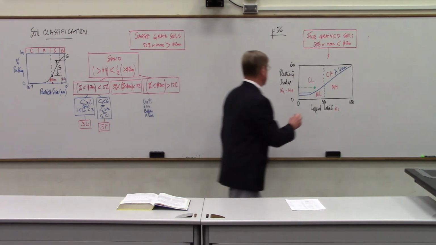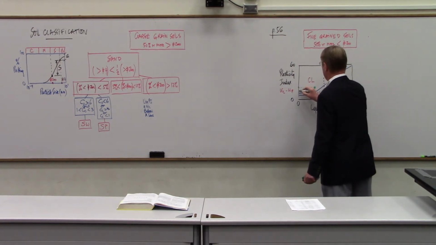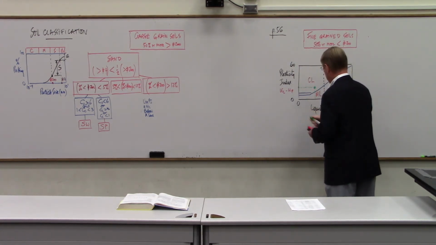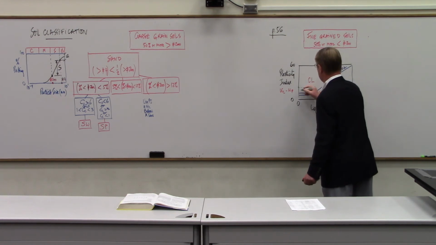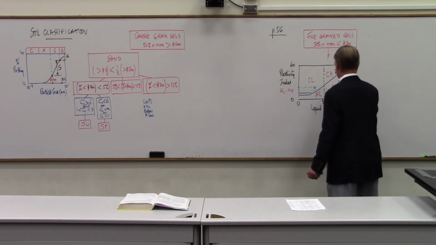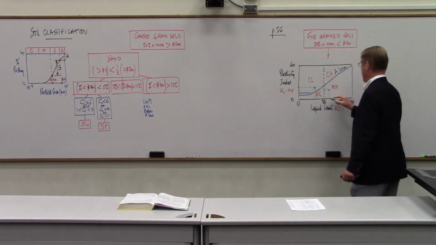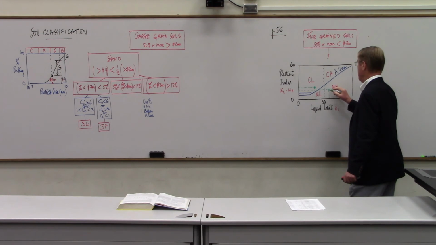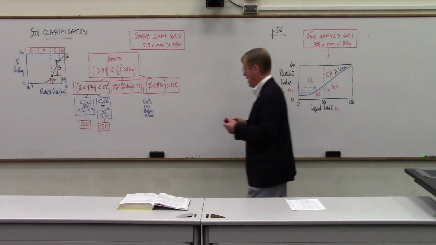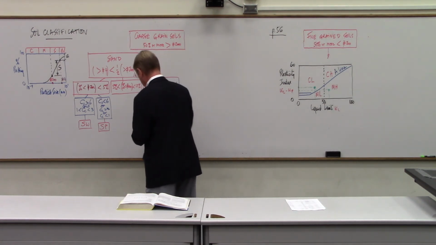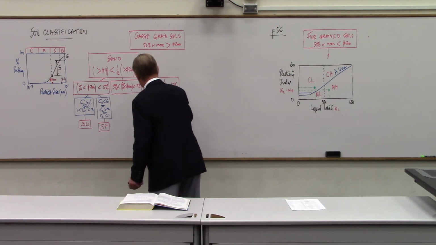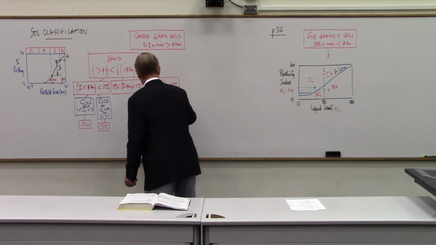So for some reason, you've plotted and you might have a point that goes in here, and you find that the point is here, let's say. So you're using the PI and WL, and in this case it comes here, below the A line, you're going to use the letter M. So that's our decision box here, like that.